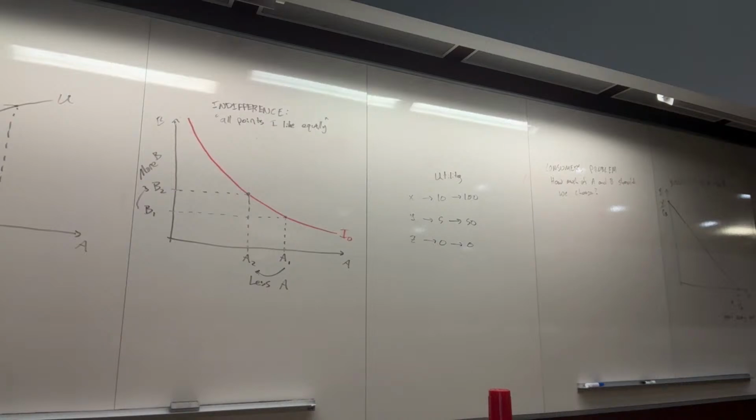So I'm going to write a couple of definitions on the board. Part F is not definition heavy, but I just want you to see these things. So utility: higher numbers are more preferred.